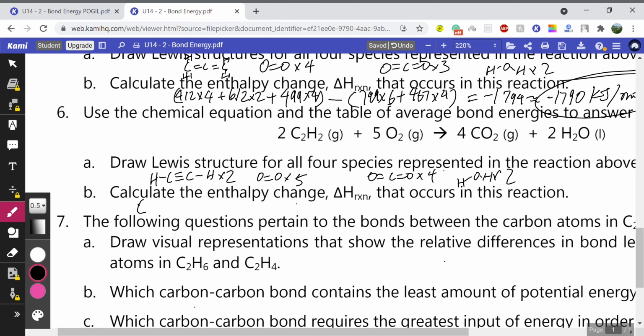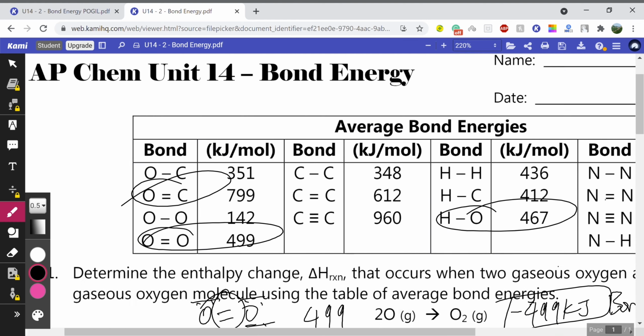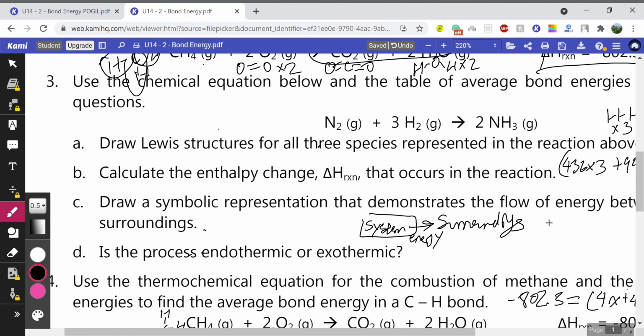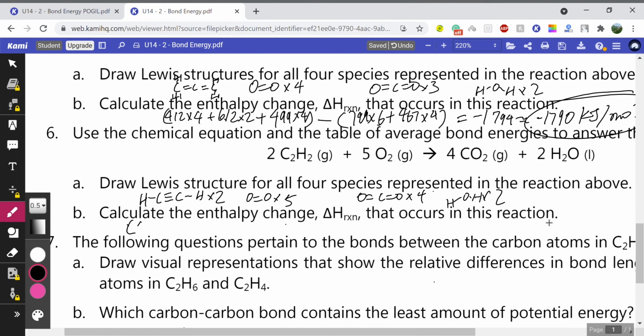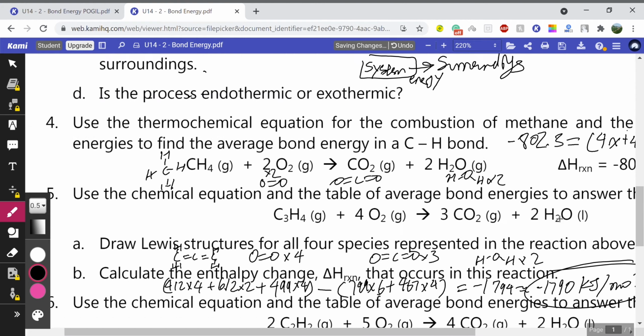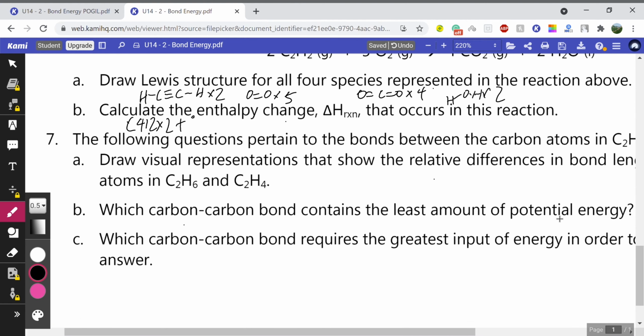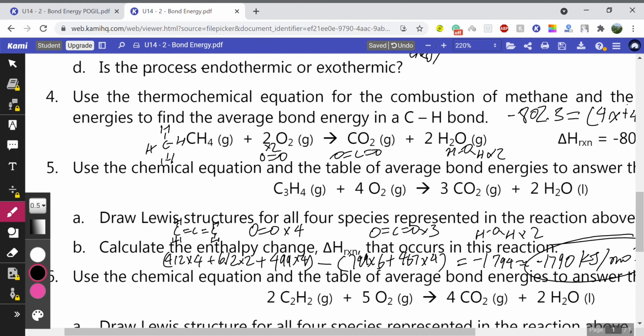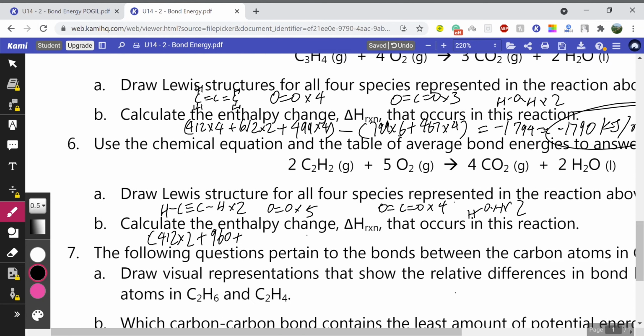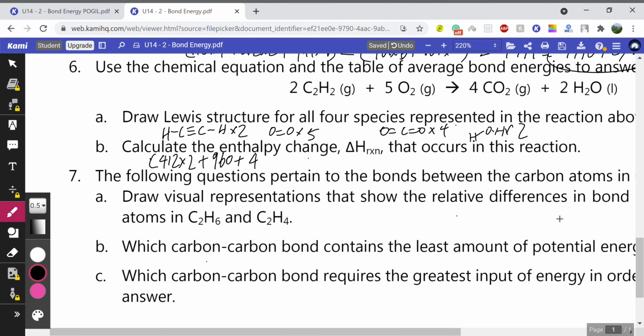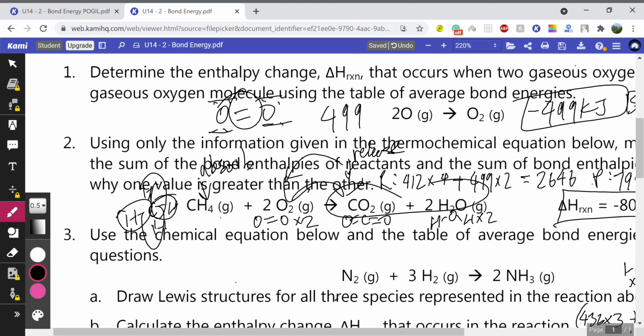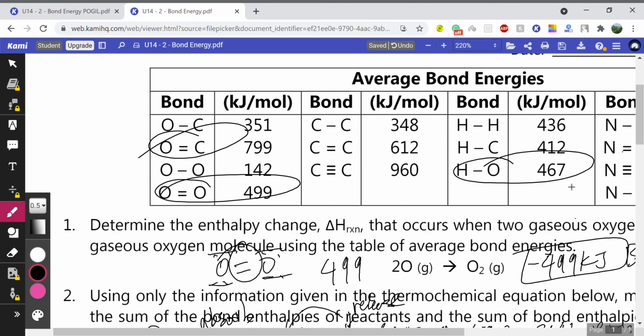We have a C-H bond, which is 412 times 2 of those. 412 times 2 plus a C triple C bond, which is 960 times 1 of that, plus O double O times 5, which is 499 times 5. Subtract by O double C times 4, O double C 799.